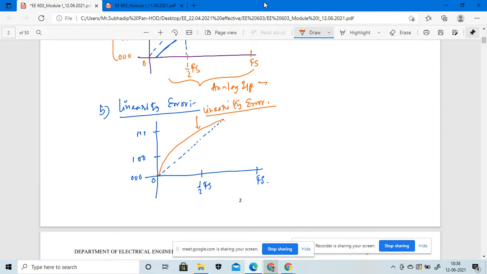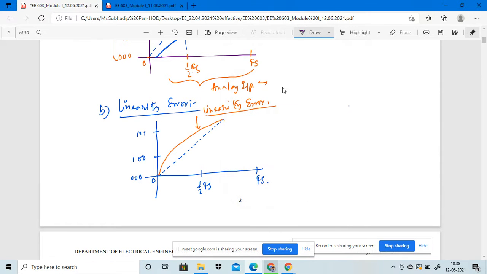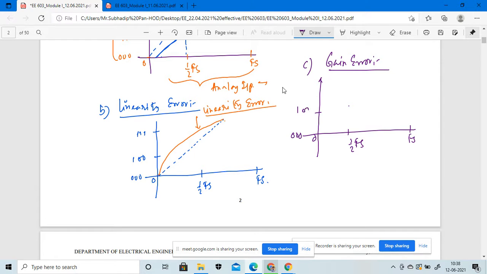And in the case of a gain error, what will we observe? The same thing: half of FS, this will be my full scale input, 000, 100, and suppose 111. This will be my MSB. So my linearity equation should be fixed.